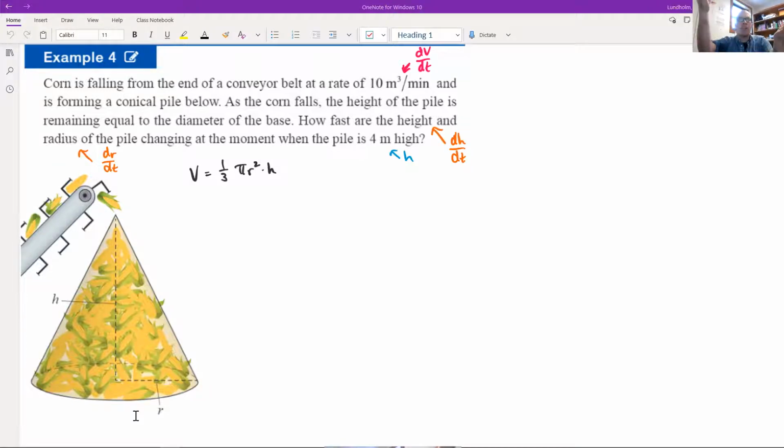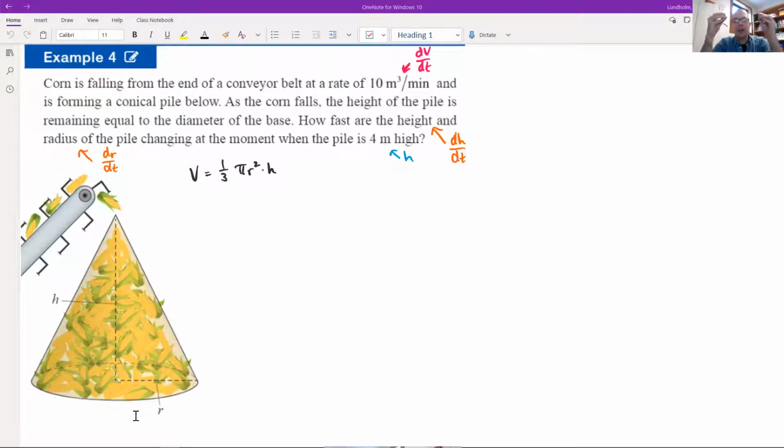And now we need to get all the dt stuff in there. So we're going to take the derivative of everything with respect to t. Before we do that, you could do it right now. You could take the derivative of everything with respect to t, and you would be treating r and h, the radius and the height, as functions of t.